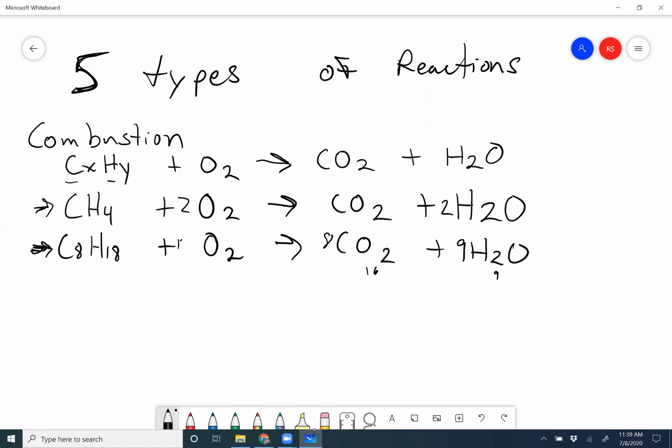So this will be a 12.5. Or you could simply go 2, 25, 16, 18. So either way, these are combustion reactions, very simple reactions to predict.